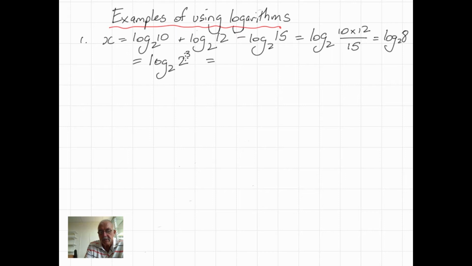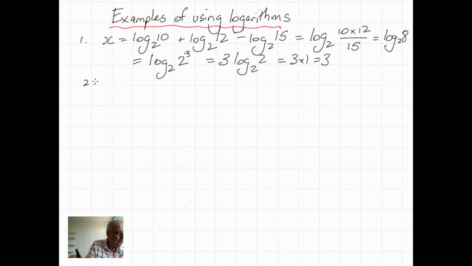Using one of the other properties we've just done, that 3 can come out the front, so that'll be 3 log 2 to base 2. And the log of 2 to base 2, what's the power we've got to raise 2 to, to get the number 2? 1. So log 2 to base 2 is 1, so that's 3 times 1, which is equal to 3. Same answer either way.